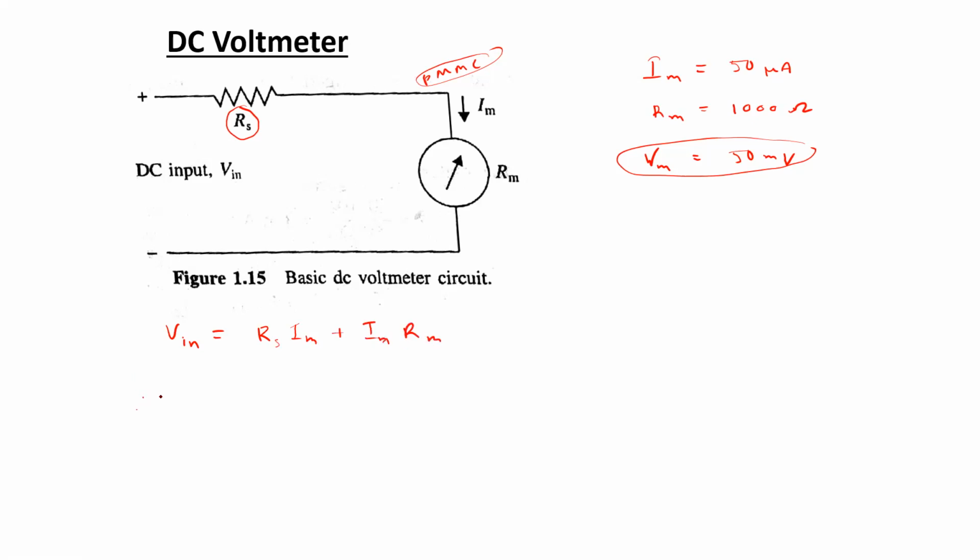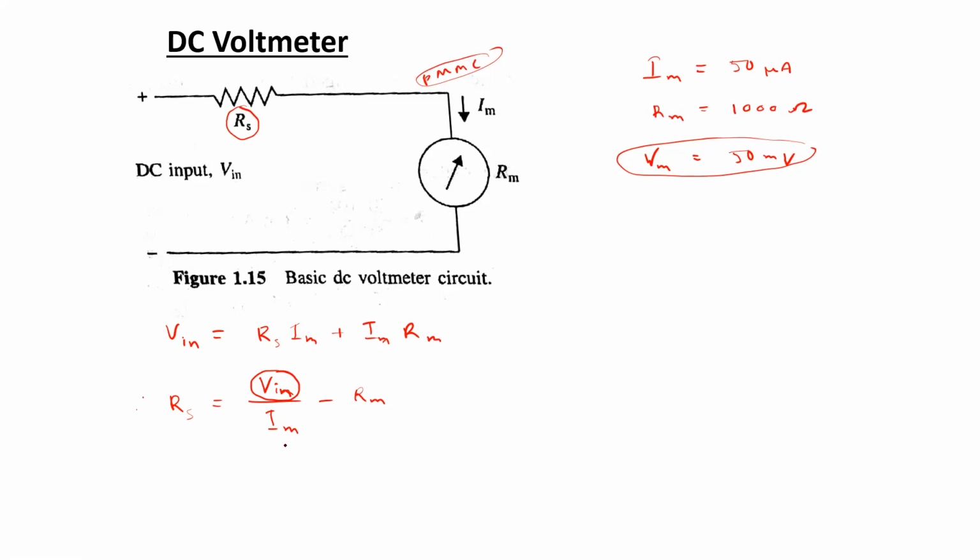So from here, we can easily write the expression in this format to determine the value of the series resistance that needs to be connected in order to determine the range of input voltage that needs to be measured using this particular type of PMMC, with the particular fixed specification of the PMMC.